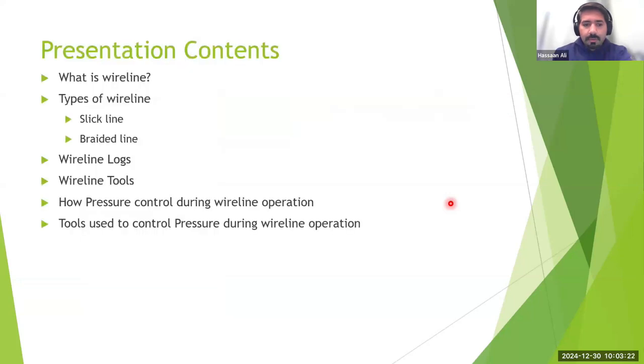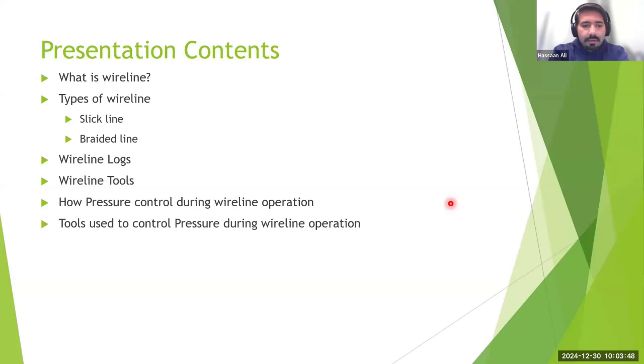So, what we are going to talk about today is primarily what is wireline, why it is called wireline. We're going to talk about logging operations, different type of wire lines like slick line and braided lines. We are going to talk about different type of wireline tools. I'm just going to give you a quick overview about what type of tools are used. We are not going to go very deep into the types of tools and their physics because their physics can become very complicated.